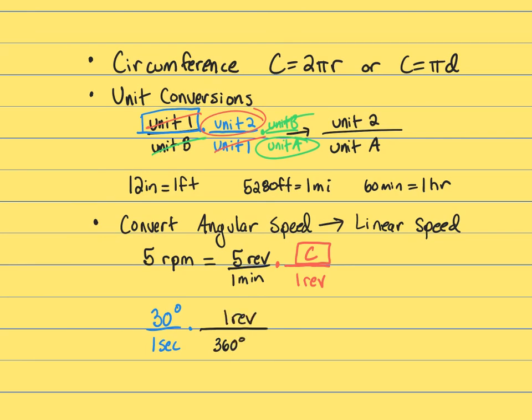So that gets me to revolutions per second, and then I do 1 revolution per circumference of the circle. You could just shorten this procedure. Notice the revolutions are going to cancel to a circumference per 360 degrees. Same idea if this was radians. If this was radians, you would have done 2 pi radians.